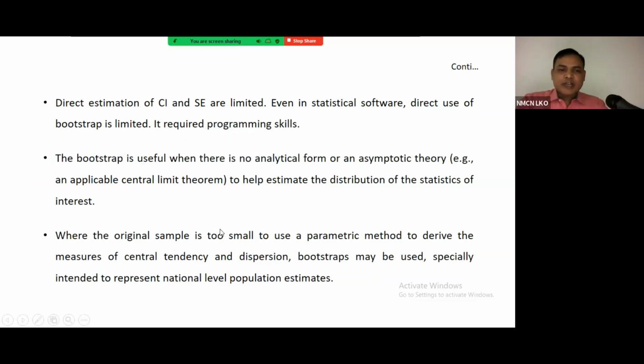The bootstrap is useful when there is no analytical form or asymptotic theory to help estimate the distribution of a statistic of interest, or where the original sample is too small to use a parametric method to derive the measures of central tendency and dispersion. Bootstrap may be used, especially, to represent national level population estimates.